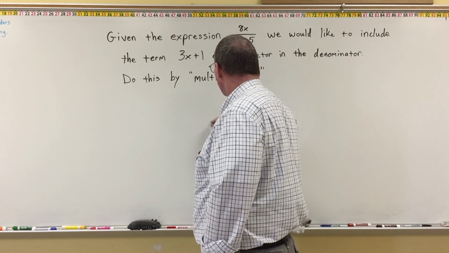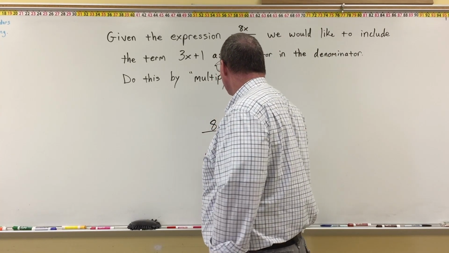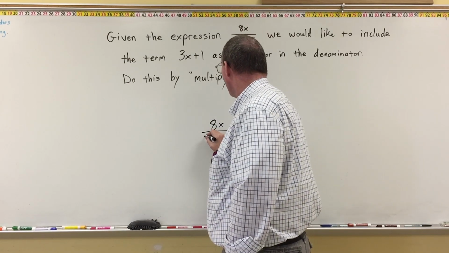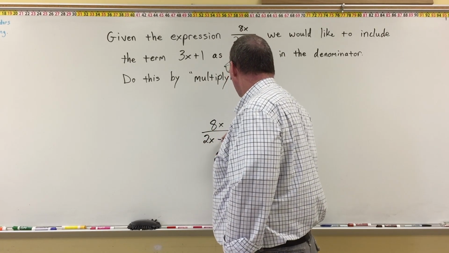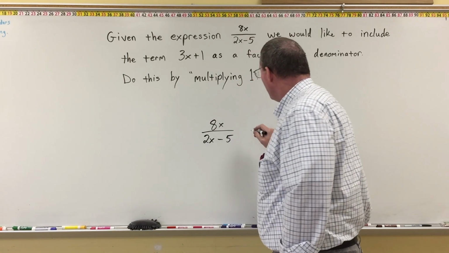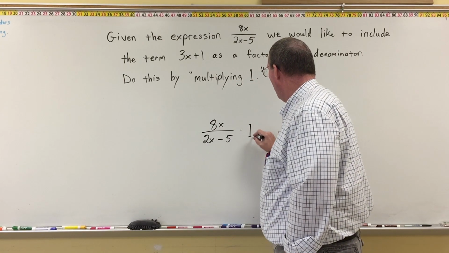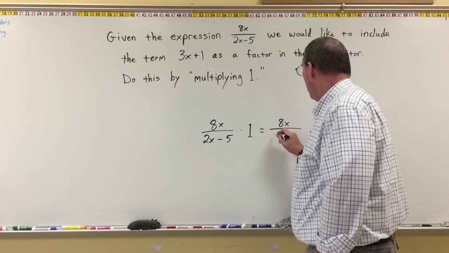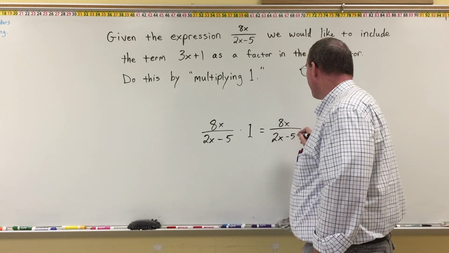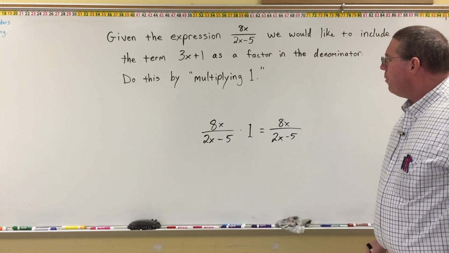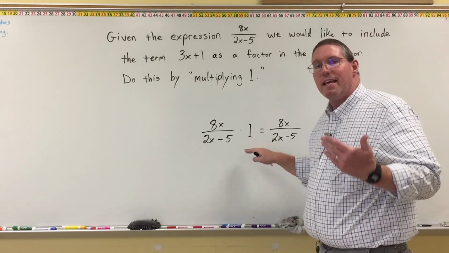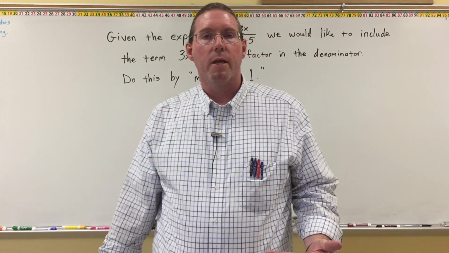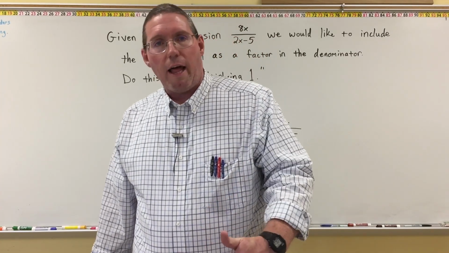So here's what I want you to understand: if we take this expression 8x over 2x minus 5, and we multiply this by 1, it would still equal 8x over 2x minus 5. But what if we were to multiply by something that is equal to 1, but doesn't look like a 1?